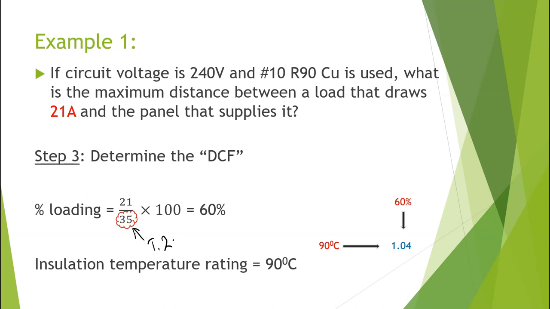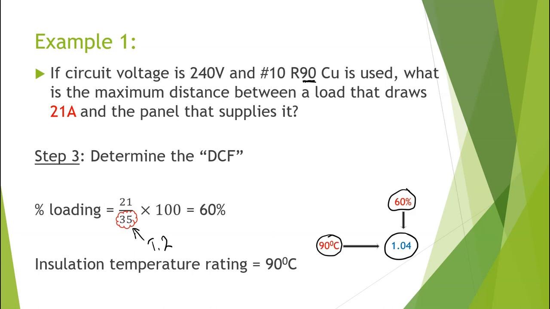That gives me a loading of 60%. I now take that 60% loading into my table D3 concluded, and I go to the 60% column. I'm running R90, and therefore I use the 90°C row, and that gives me a distance correction factor of 1.04.